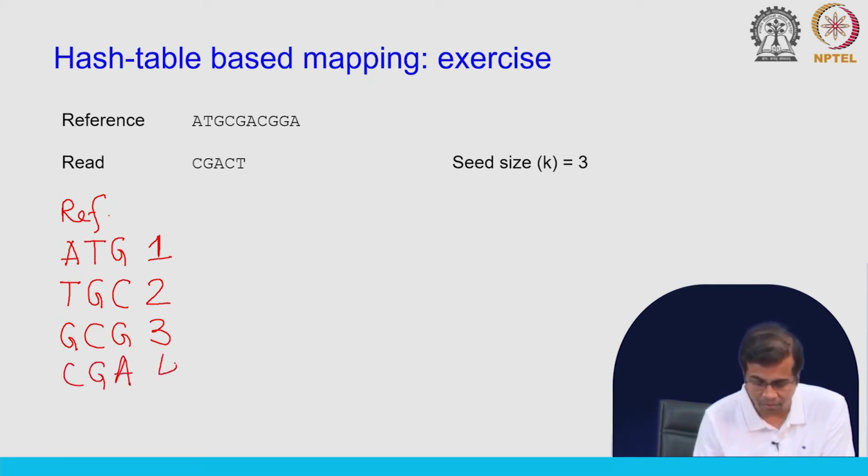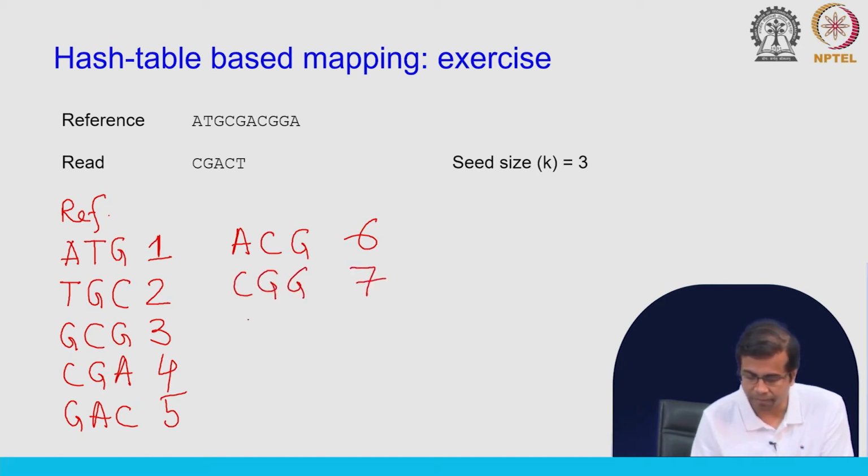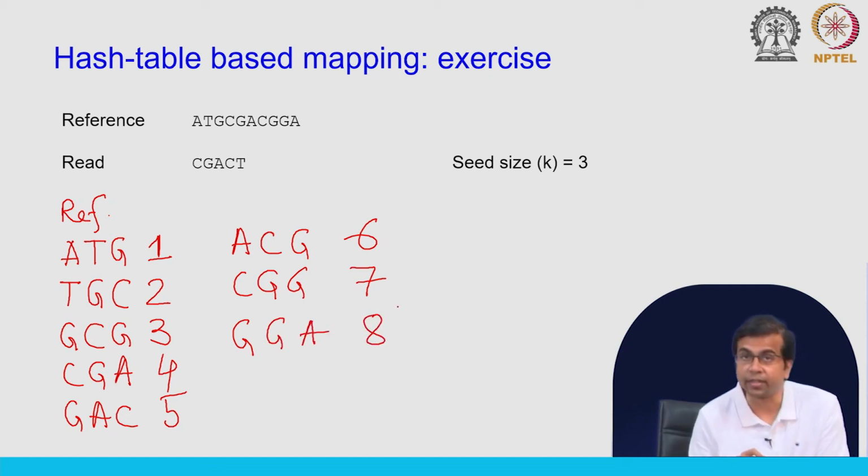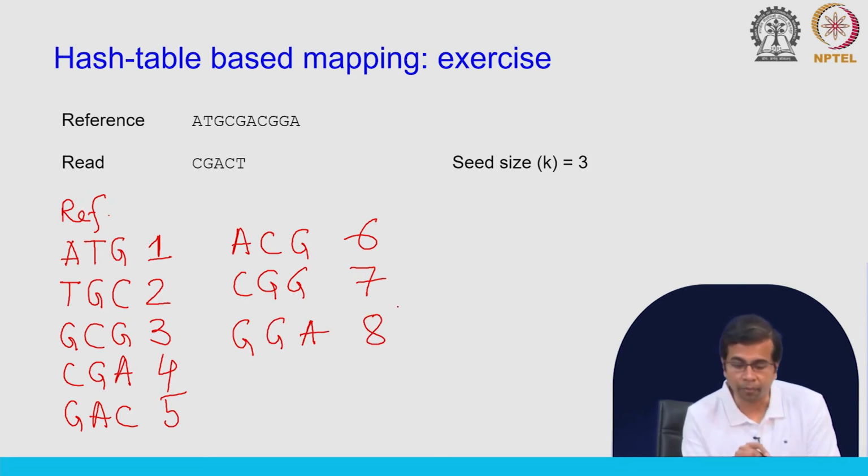CGA, location 4. GSC, location 5. We have SG, location 6. CGG, location 7. GGA, location 8.